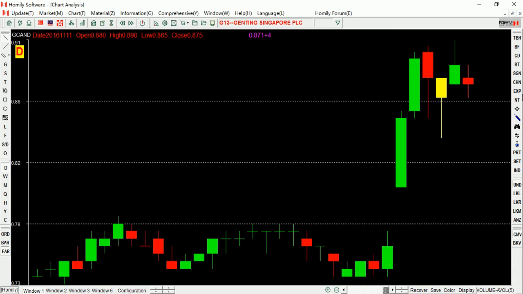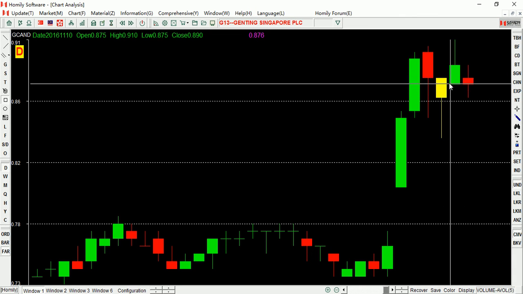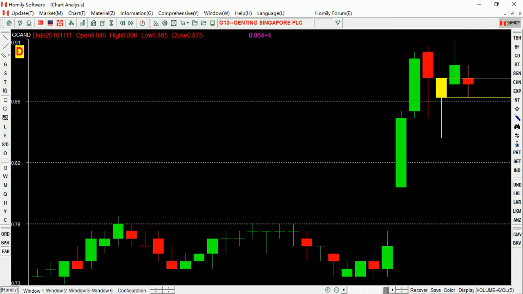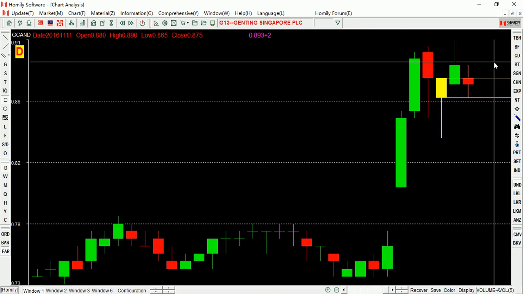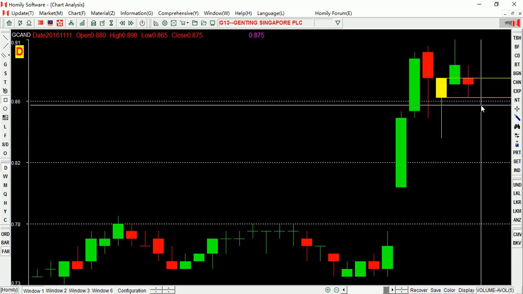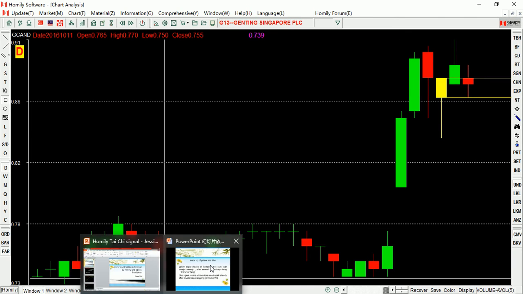So this is the yellow candlestick. Okay, so we know that this is the support, right? If the price can go up again, buy or not? Buy again. If it falls below, sell out. Okay, so these are the signals.